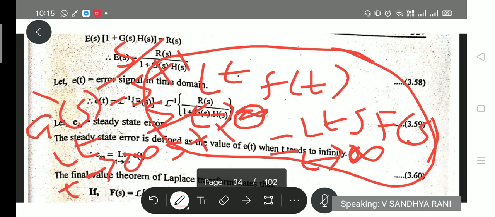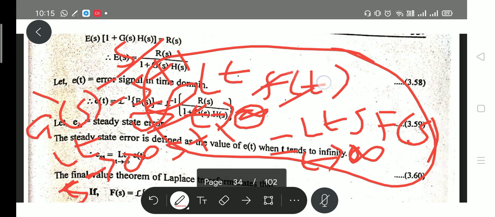In place of s, I am substituting infinity, so the whole expression will be infinity.